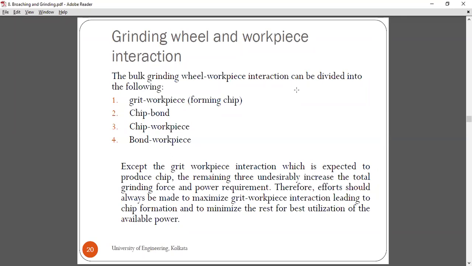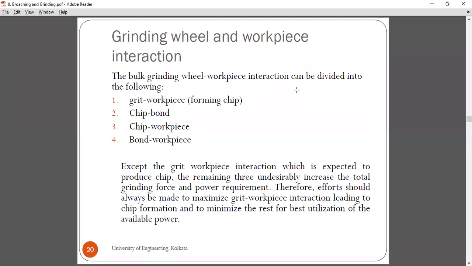So except the grit workpiece interaction, which is expected to produce the chip, the remaining three are undesirable, and they increase the total grinding force and the power required. The grit workpiece, that is chip formation, is the only desirable process.